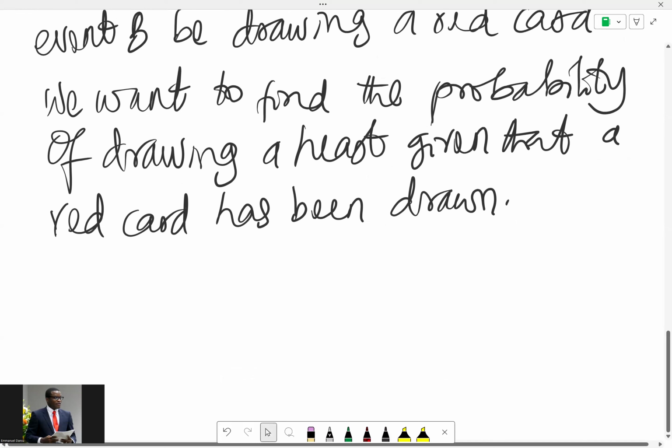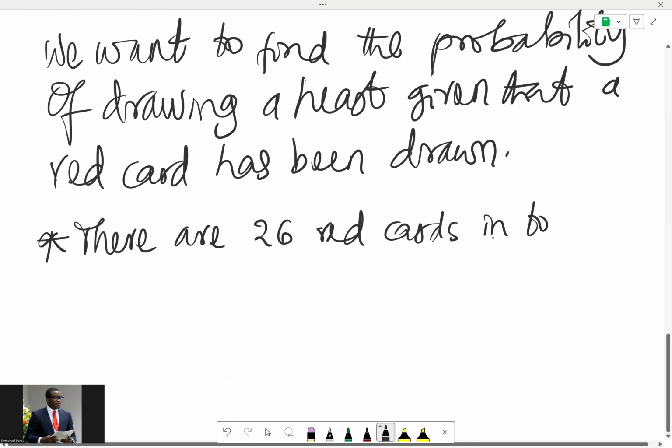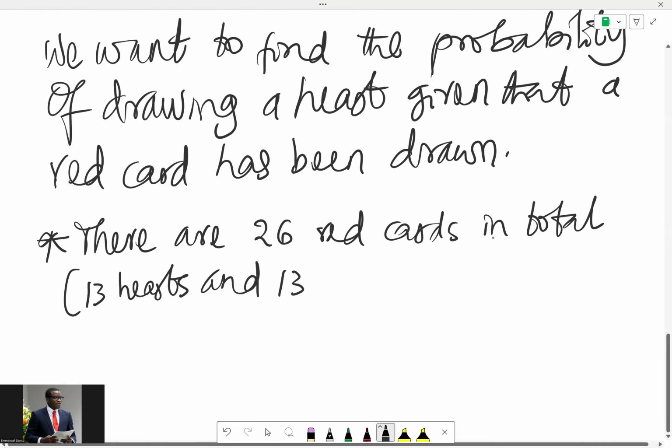Okay, so let's see how this goes. First of all, there are 26 red cards in total. So there you have 13 hearts and 13 diamonds of the 26 red cards.